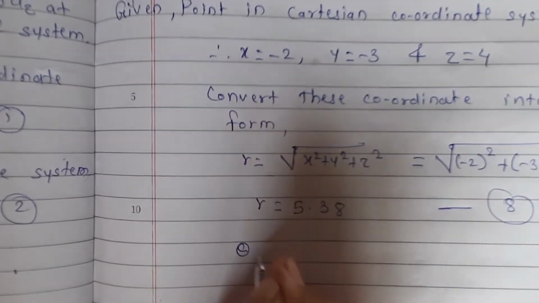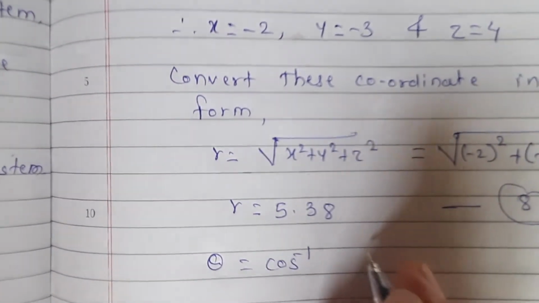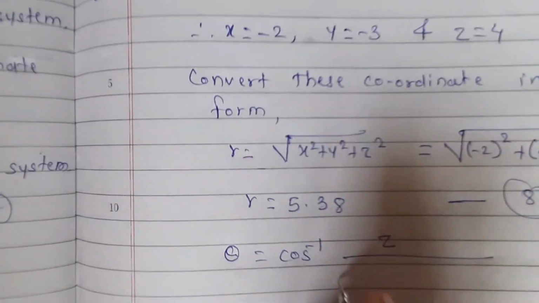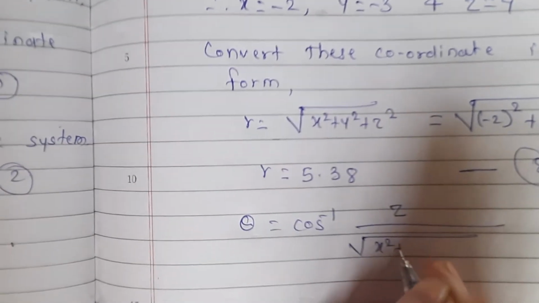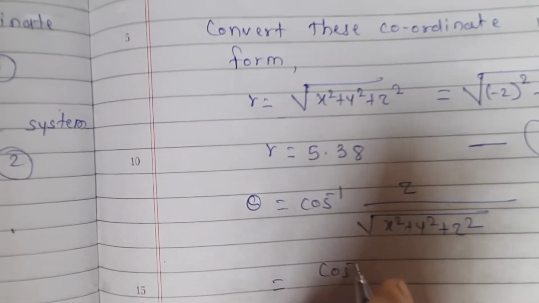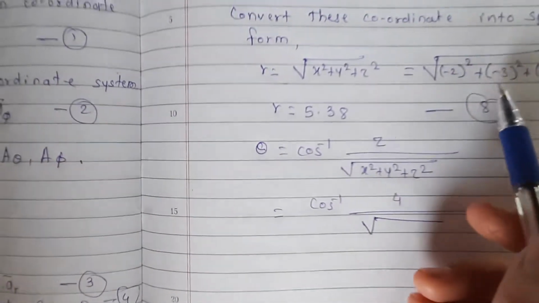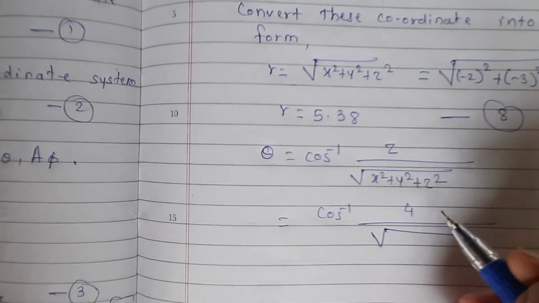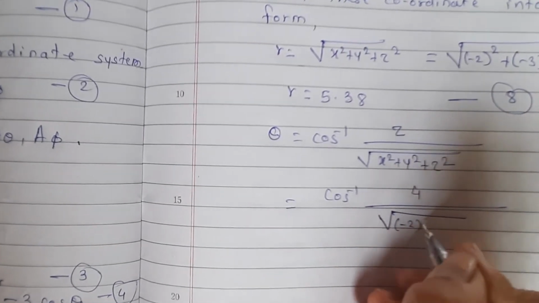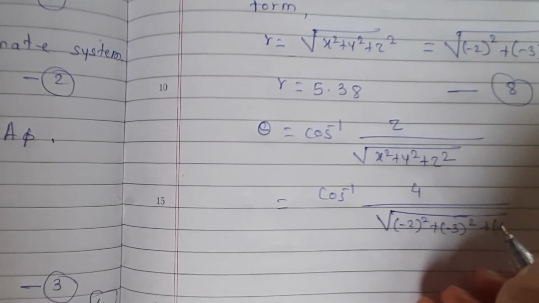Now we have theta is equal to cos inverse of z divided by square root of x square plus y square plus z square. So it is cos inverse of z is 4, divided by square root of minus 2 square plus minus 3 square plus 4 square.